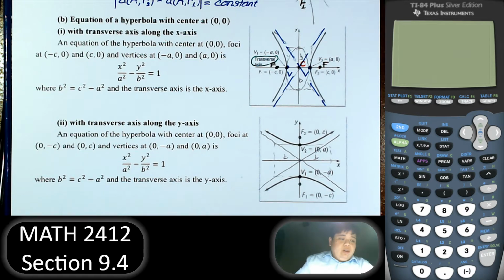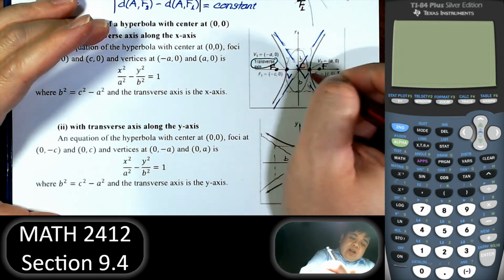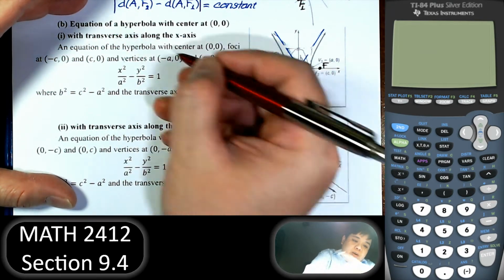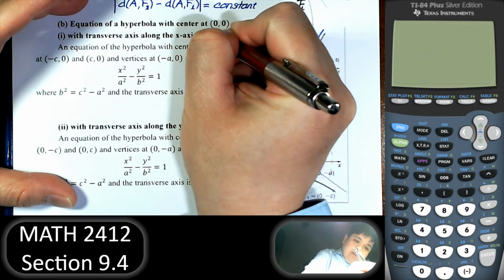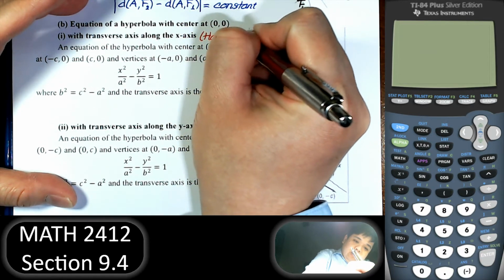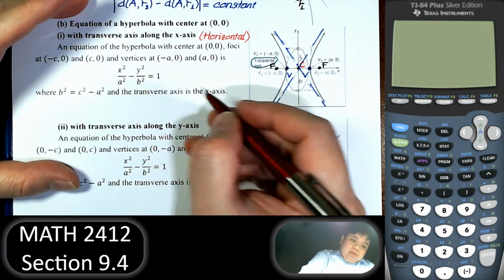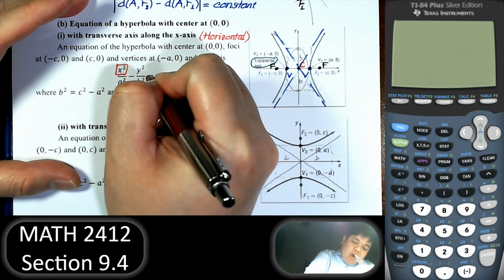Now, just notice that this is horizontal, the transverse axis is horizontal. For a horizontal hyperbola, we start with the x squared and subtract the y squared.